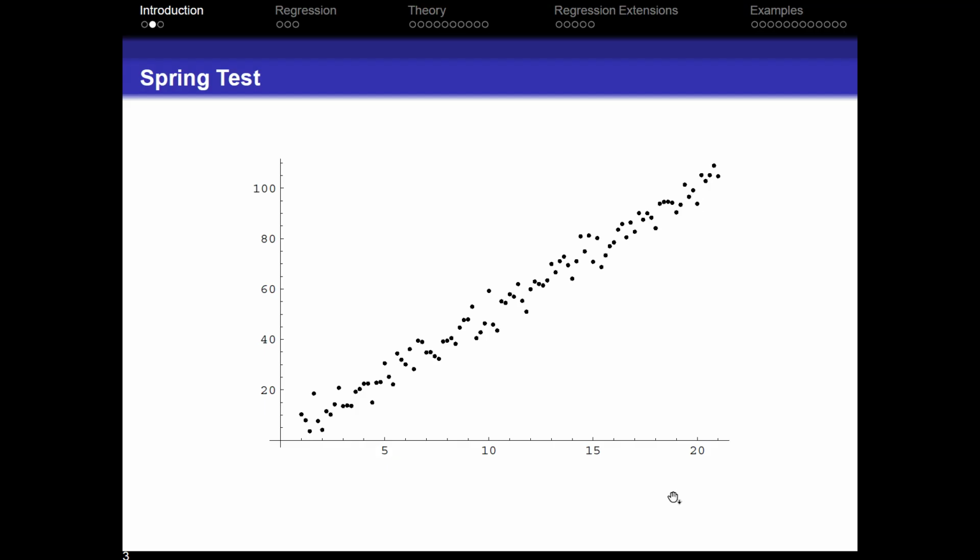Right? If the change in x is 20, it looks like we're going up to something about height 100. Yes? No? So what would you guess for the slope? I would guess 5. What would you guess for the intercept?